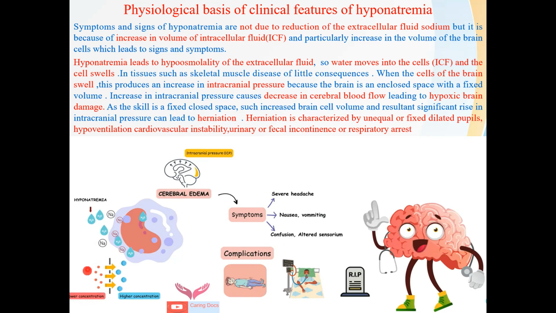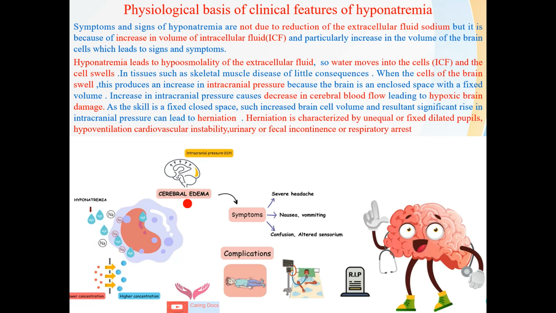So the water moves from the lower concentration to the higher concentration, that is, from the extracellular fluid into the cells, the intracellular fluid. In the brain cells, it goes within the cell, and there occurs cellular swelling, or we can say the patient develops a cerebral edema.